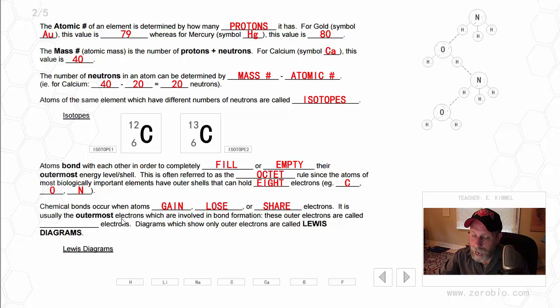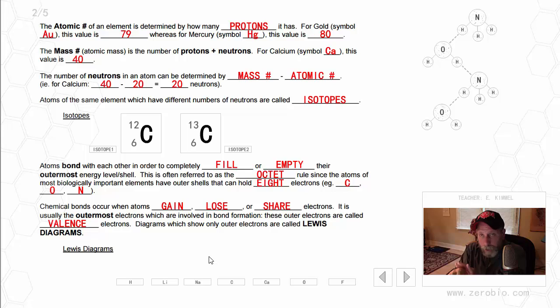And it's usually the outermost electrons involved in bond formation, as I've said. These outer electrons are called valence electrons. And so that outer shell of electrons, whether it's the second or third or fourth, whatever, is called the valence shell. And these are valence electrons, outermost electrons. These are the electrons we really care about, right? The inner ones are shielded. They're not really involved.